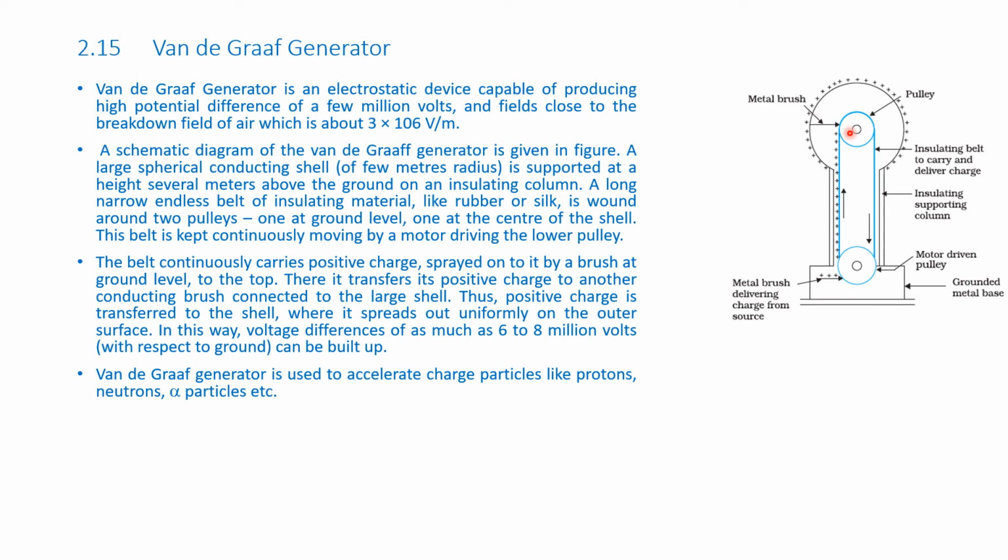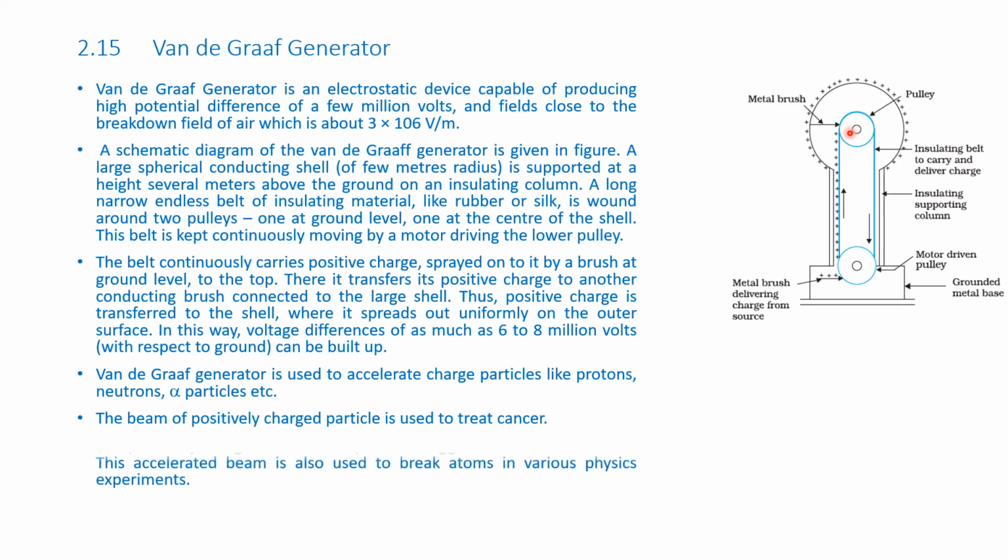The Van de Graaff generator is used to accelerate charged particles like protons, neutrons, and alpha particles. The beam of positively charged particles is used to treat cancer. These positively charged accelerated particles trigger nuclear reactions.